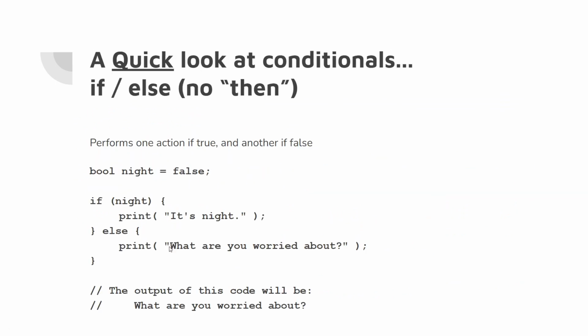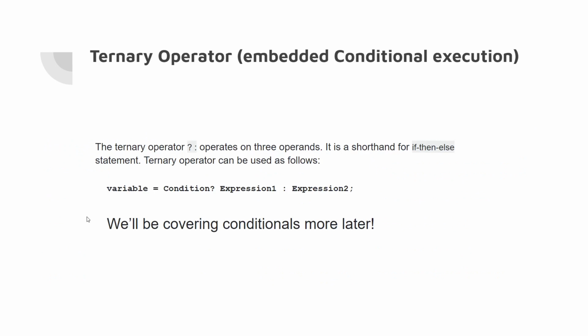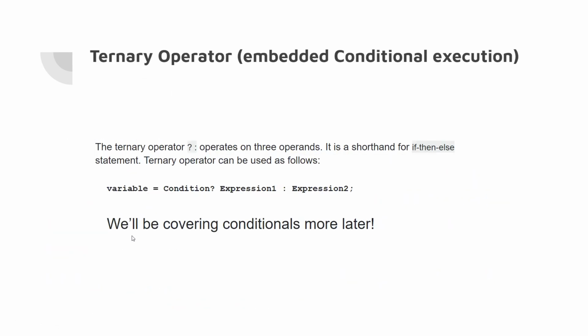We took a quick look at conditionals, right? This conditional code execution. If something, do this, else do something else, right? That should be a cool concept. I believe we got to the unary operators, which are just kind of shortcuts to other operations, just quick ways to say, C plus 1 equals, C equals C plus 1, C equals C minus 1, that sort of thing, right?